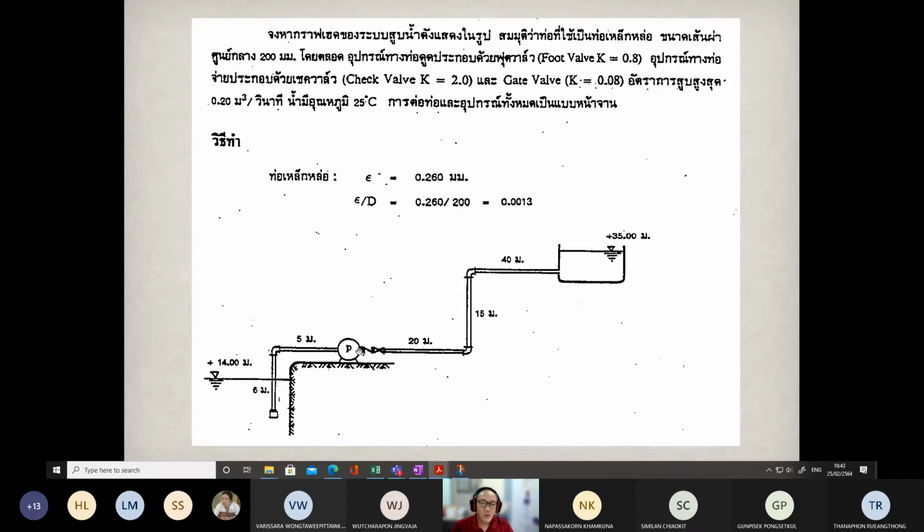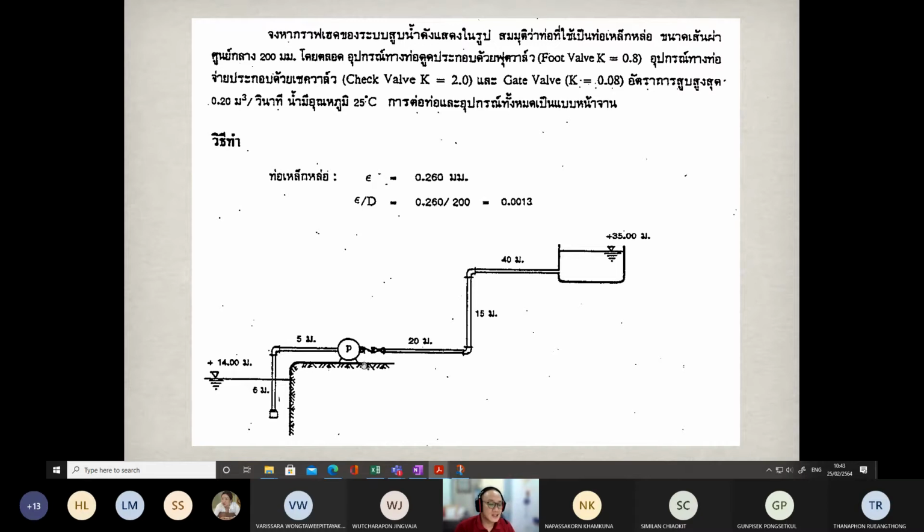We have to transfer this water into the upper reservoir, with a water elevation of about plus 35 meters. So the static head in this case is 35 minus 14, which is 21. And there are details about the pipe: the pipe diameters are 6 meters, 5 meters for these sections, 20 meters for these sections, 15 meters, 40 meters. There's a check valve here.